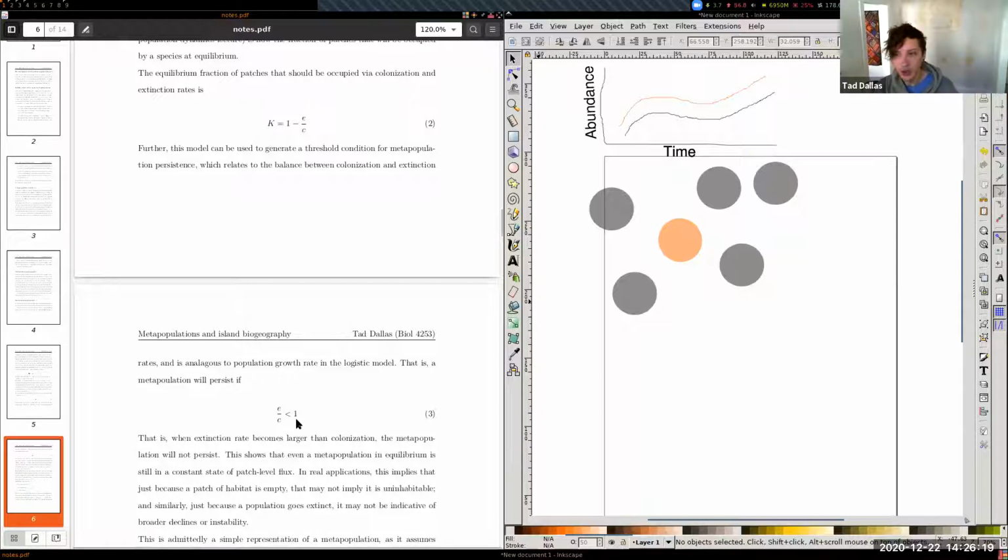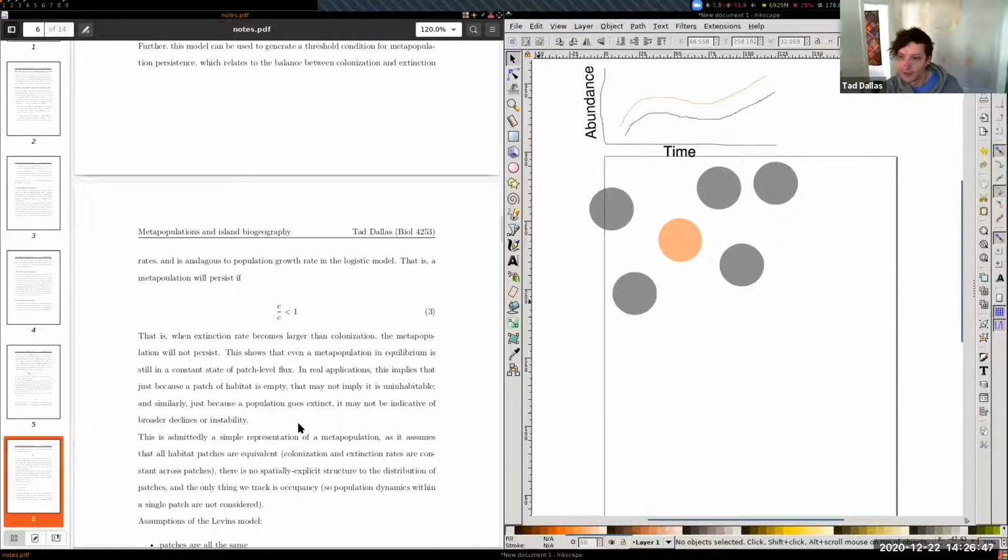If it's not true, the metapopulation will tend toward extinction, right? Which means if your extinction rate is bigger than your colonization rate, you will go extinct as a metapopulation. Makes intuitive sense.